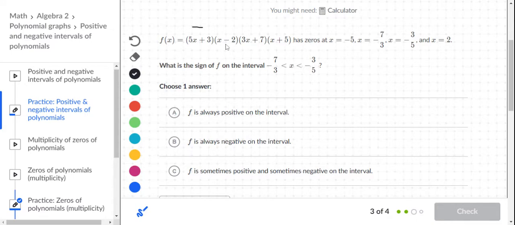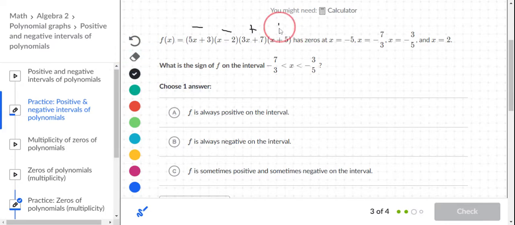Plug in -1 here: -1 minus 2. Negative. 3 times -1 plus 7 would be 4, so that's a positive. And this last one, -1 plus 5, is 4, which is a positive number.